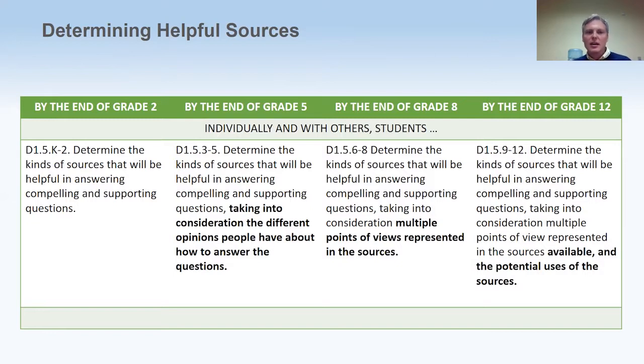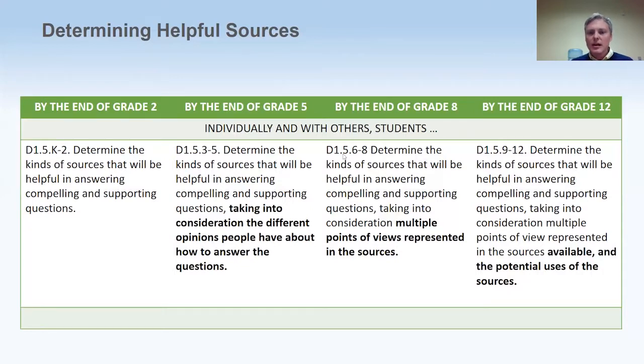So it has its first touch point at the end of second grade, when students might have a compelling question in front of them, say in first or second grade, it might be, why do we have rules? Then helping them identify what would I be looking for to help me answer this question? What are the sources that I would want?